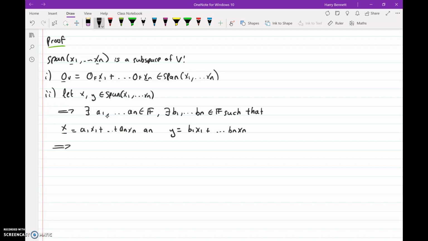Then we have the following: x plus y is equal to a1 x1 plus b1 x1 plus up to an xn plus bn xn. But now we can use commutativity and associativity. Oh yes, sorry, my fault. We have already used associativity and commutativity here, it was implicit.